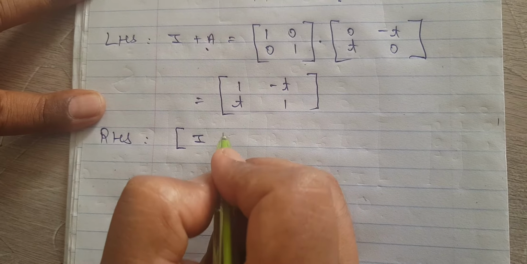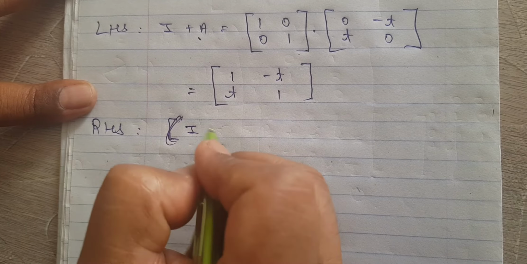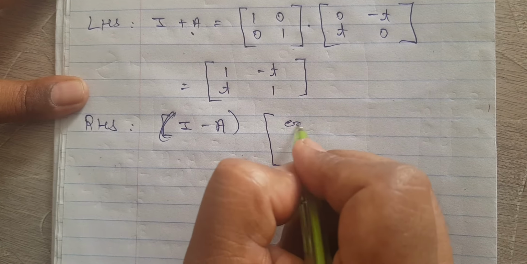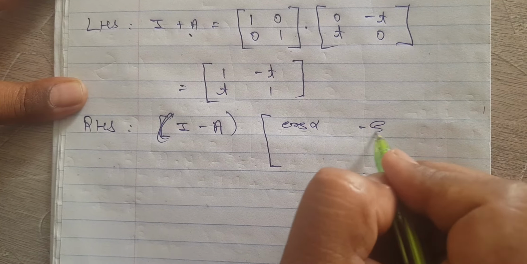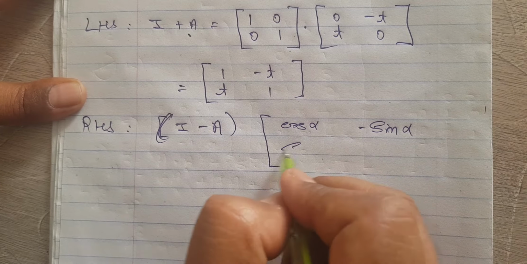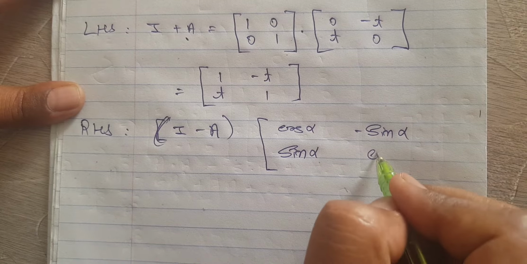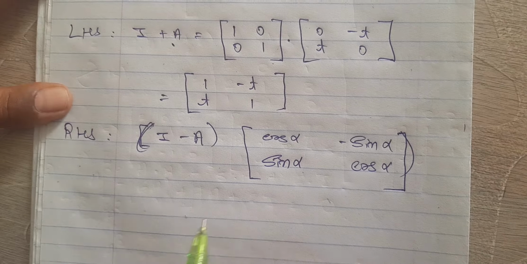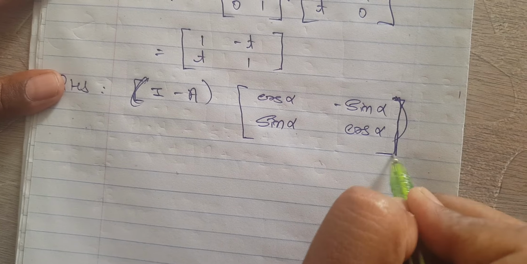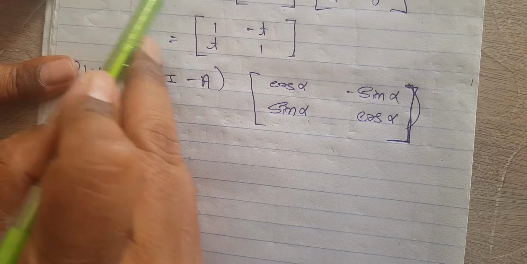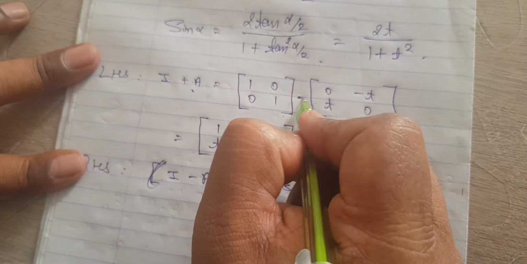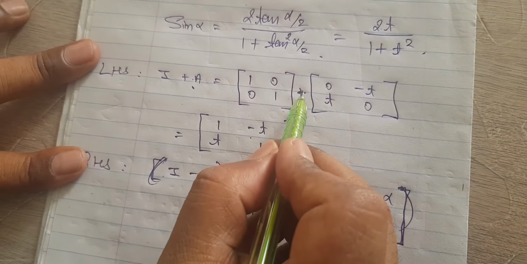Similar way we go on the right hand side. That is the bracket, this I minus A into cos alpha minus sin alpha, sin alpha cos alpha. Now you can see, this is a matrix, and I plus A is this one. So when you say I minus A, the plus sign will be a minus.